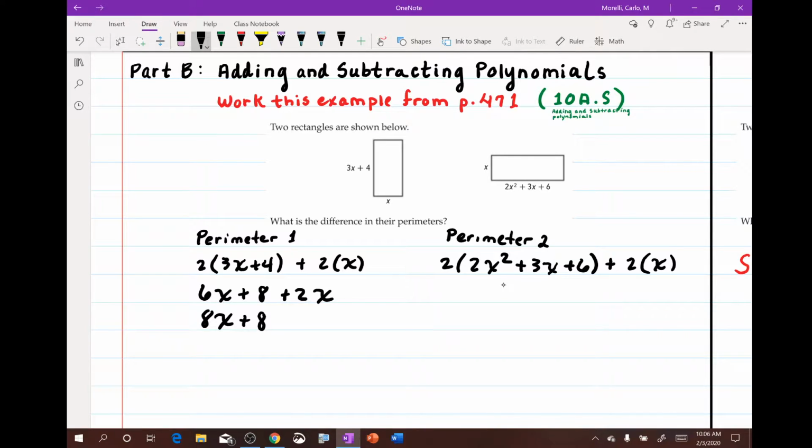And so now we just do 2 times 2x², let's go, 4x² + 6x + 12 + 2x. Now combine like terms. 4x² has no like terms, so just write 4x². 6x + 2x is 8x, so plus 8x, plus 12.